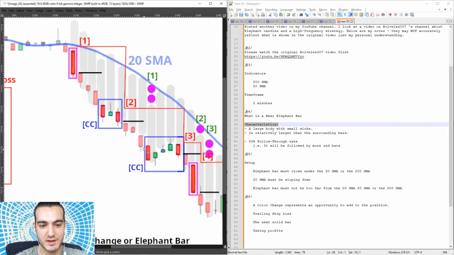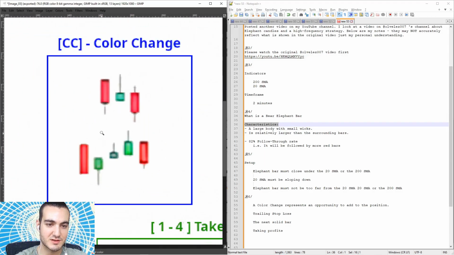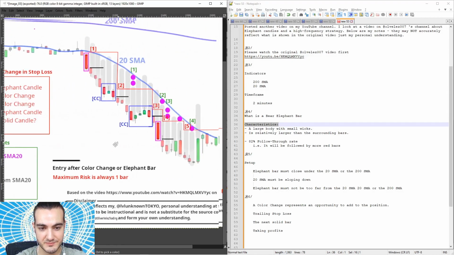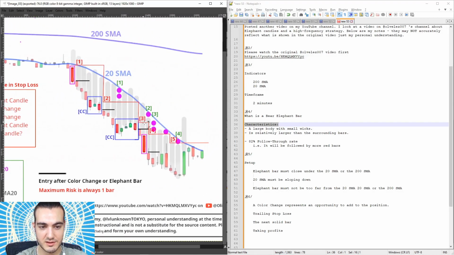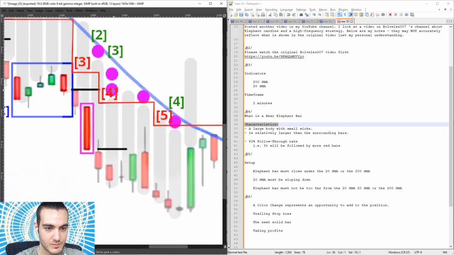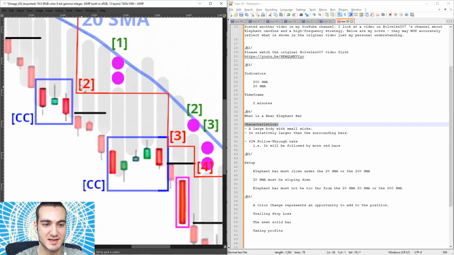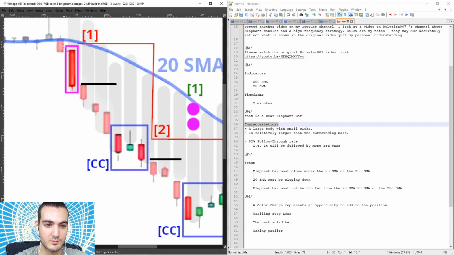And you can also enter a trade on a color change. So these are the two examples of the color changes that we have on this chart. First one here and the second one here, and we can see we are again moving our stop loss down after this color change. And we're also moving it down when we encounter another elephant bar. So we can see our risk is never more than one bar.